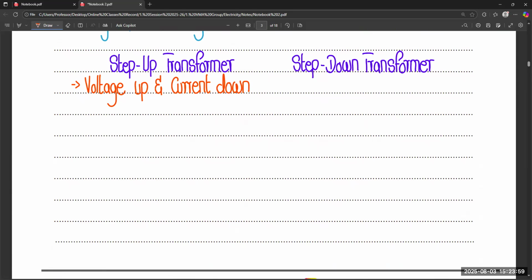So if voltage is high, definitely resistance is also high and the value of current is low. And for a step down transformer, we have low voltage, but the value of current is high.